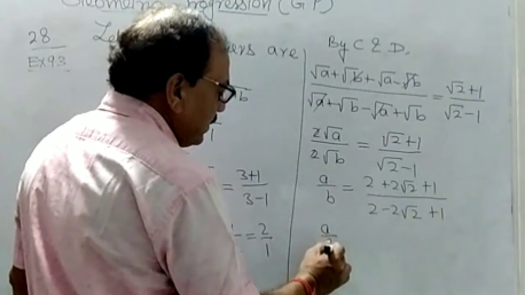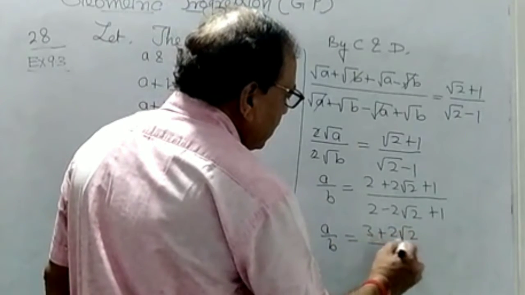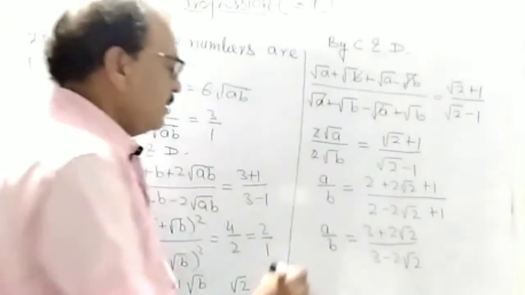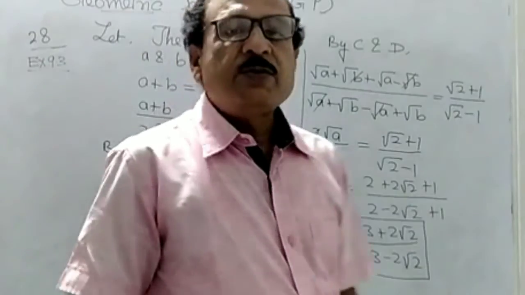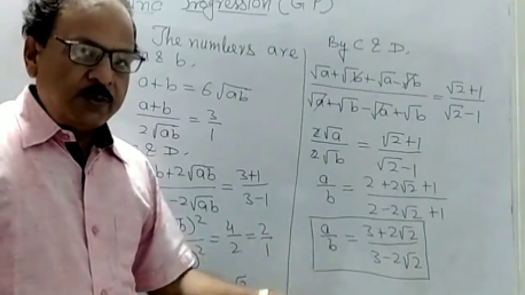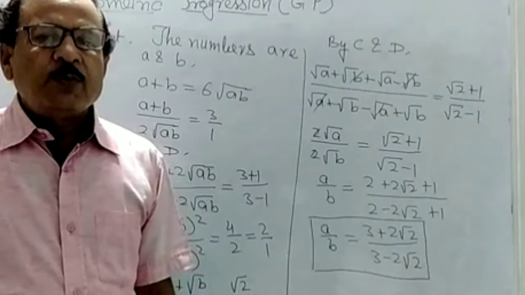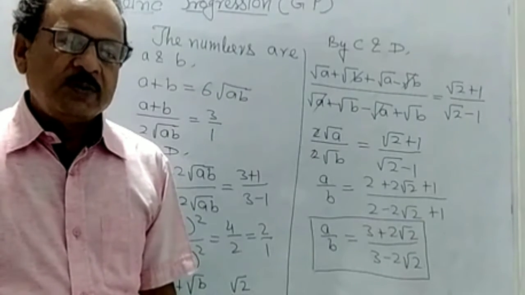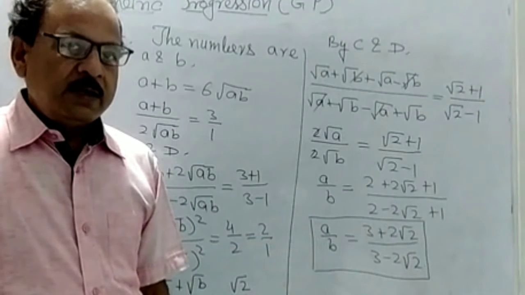Therefore a by b equal to (3 plus 2 root 2) upon (3 minus 2 root 2). The ratio of the two numbers is this.